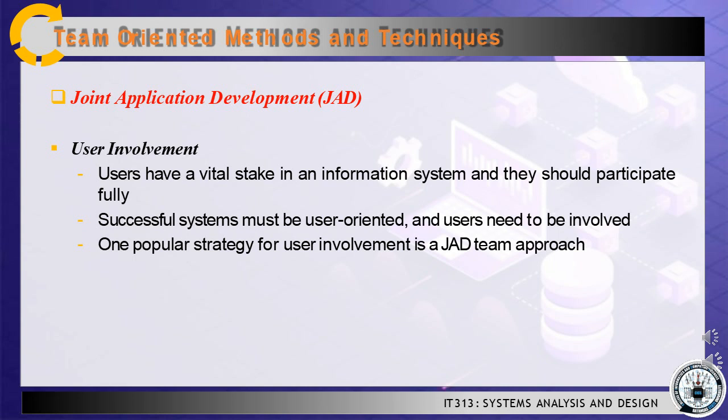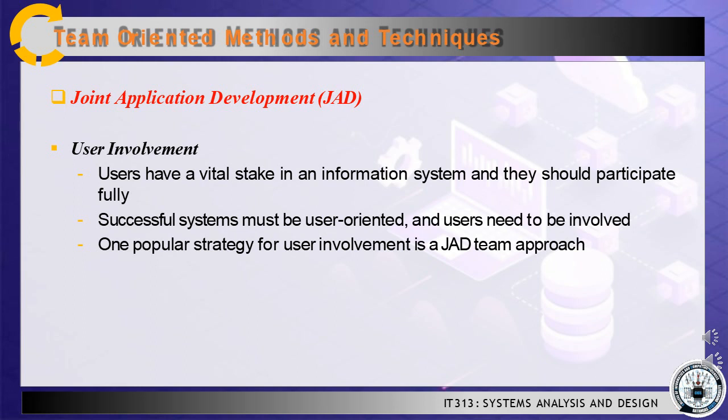At various stages of the process, the IT staff might ask users to review the design, offer comments, and submit changes. Today, users typically have a much more active role in systems development. IT professionals now recognize that successful systems must be user-oriented, and users need to be involved, formally or informally, at every stage of the system development.